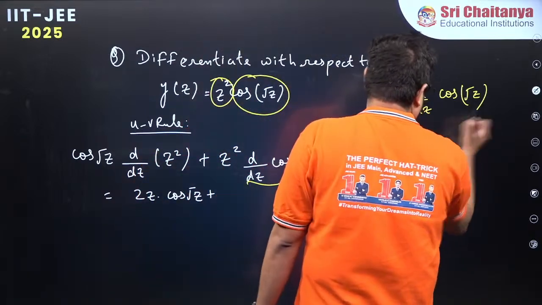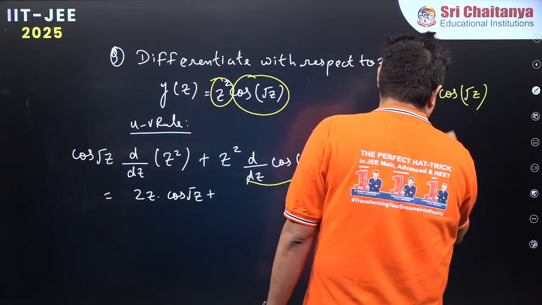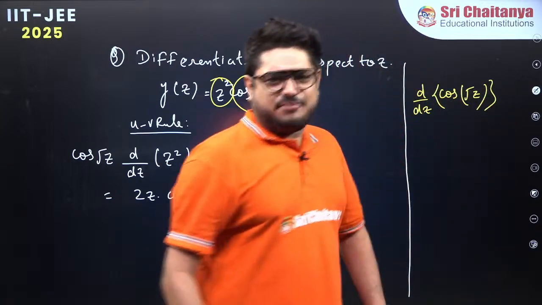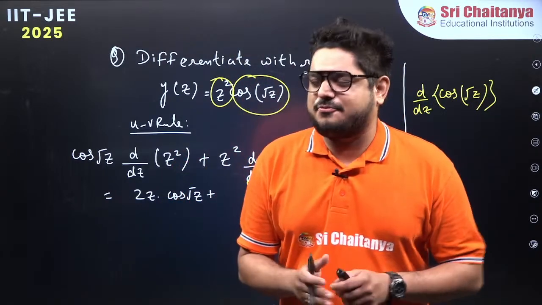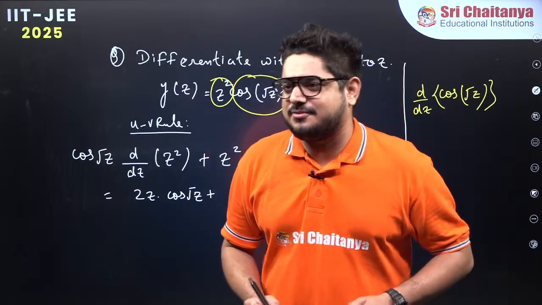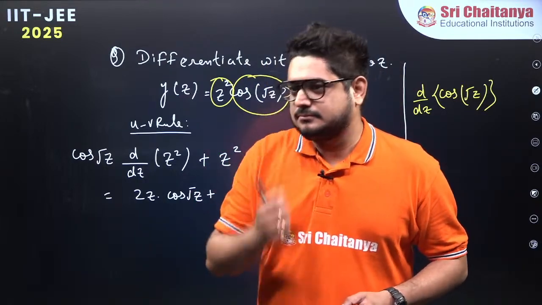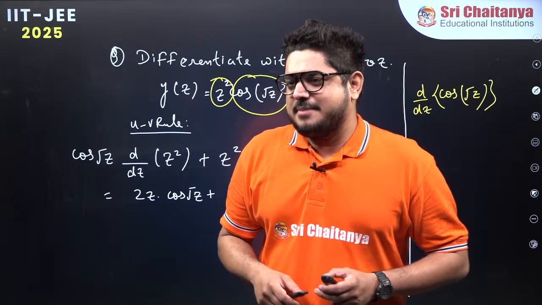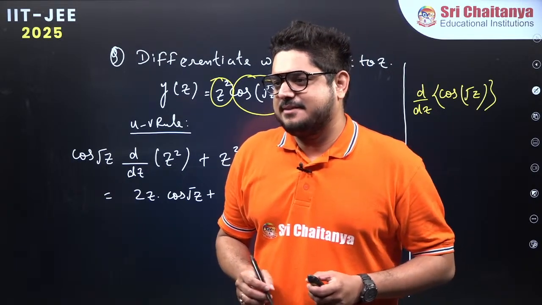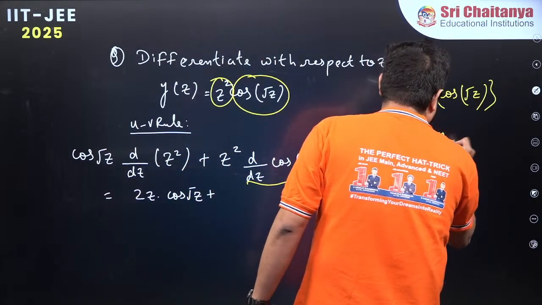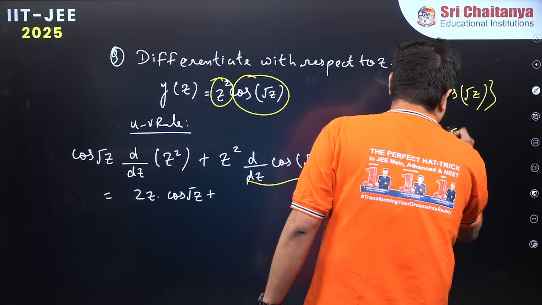D by dz of cosine of root z. First of all, treat this to be a single function. If I would have said, what is d by dz of cos z? Who will say? What is d by dz of cosine of z? Yes, correct, minus of sine root z I will be getting. That's fine.